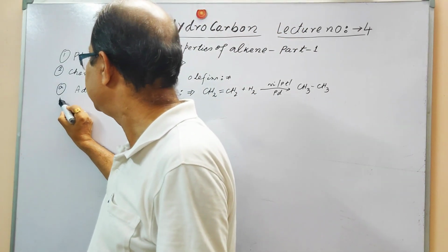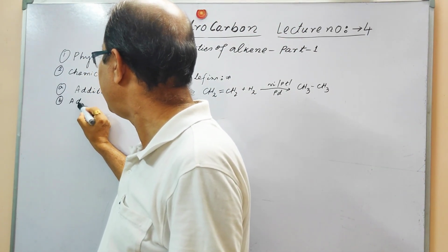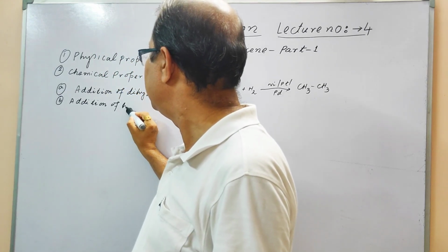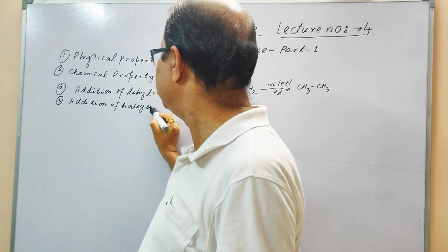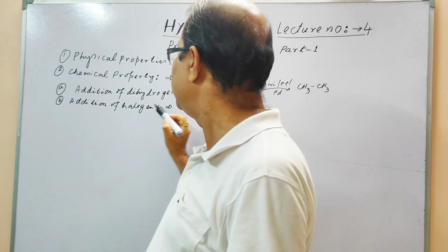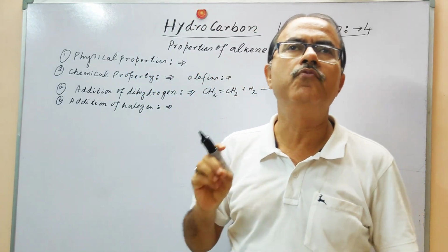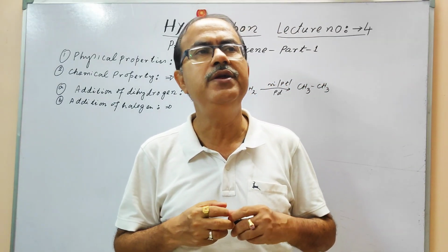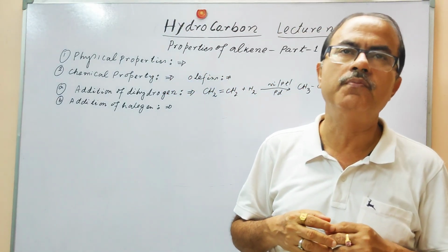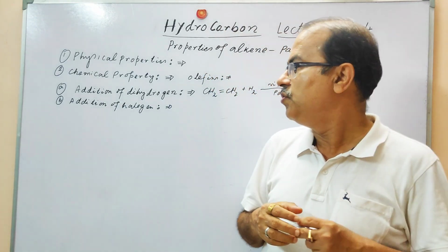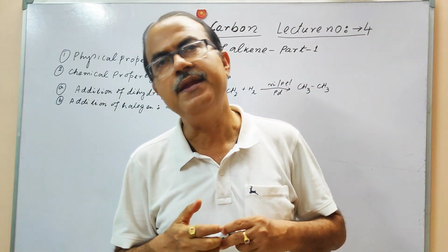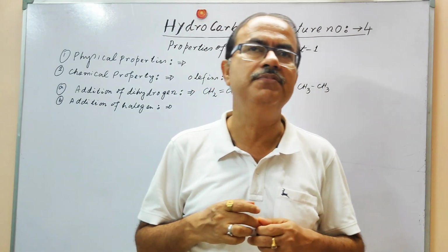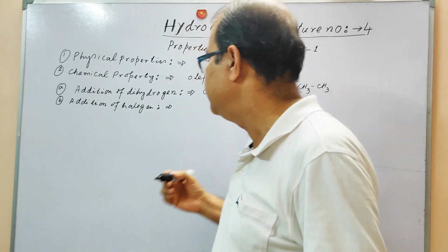The second reaction is the addition of halogen. Here you can see that chlorine and bromine can be easily added to the alkenes, but iodine cannot be added at normal conditions. So we will discuss the addition of chlorine and bromine, and it is going to form the vicinal halides, or we can say vic-dihalides. This reaction is this.